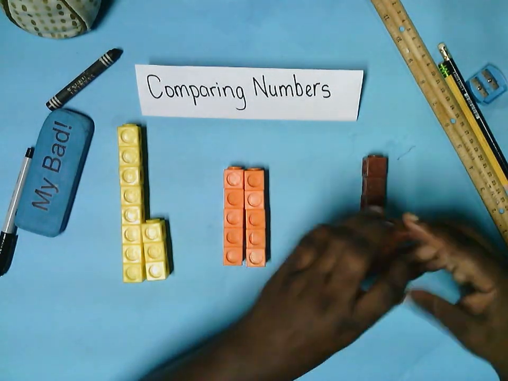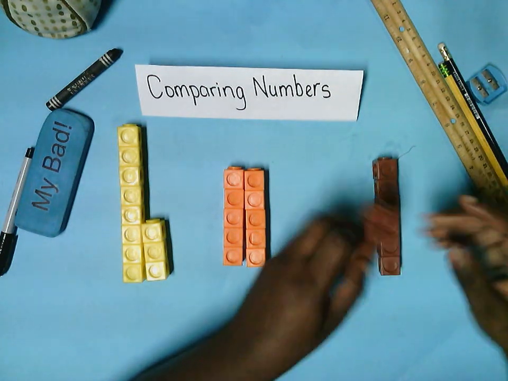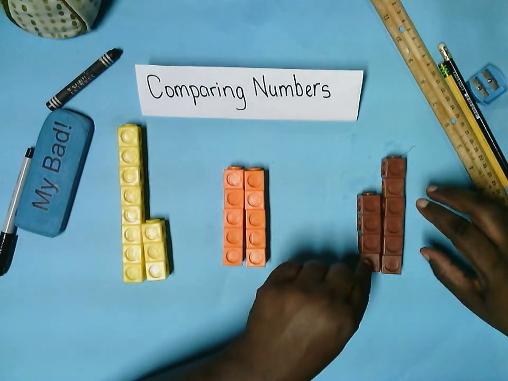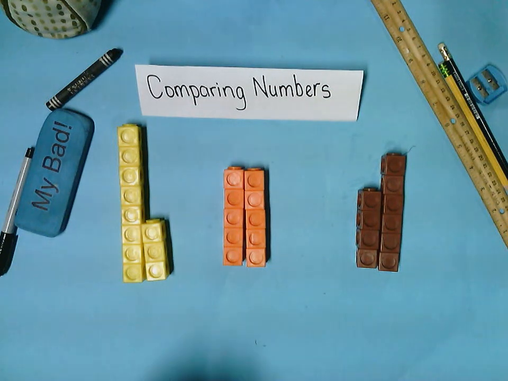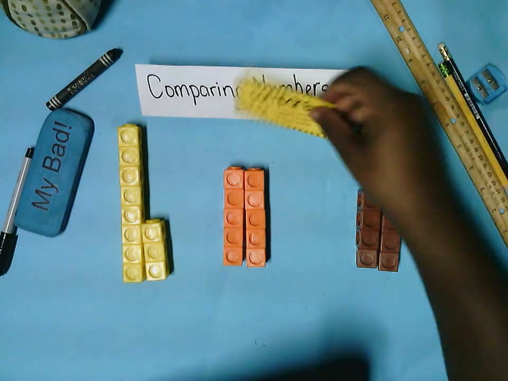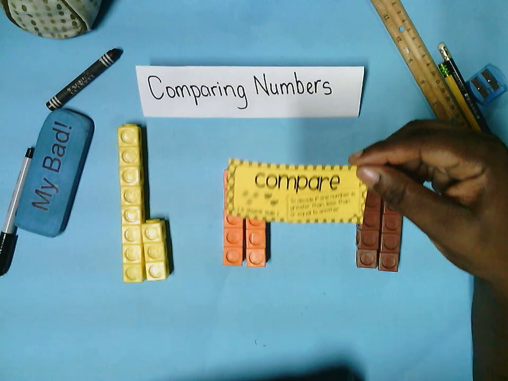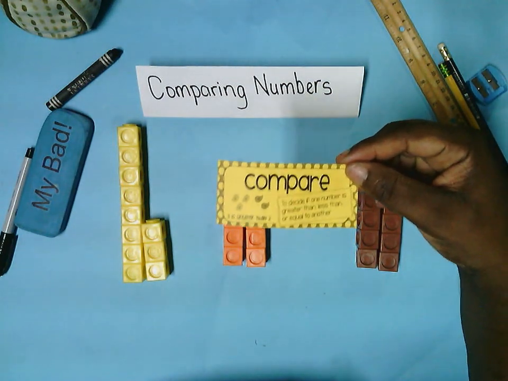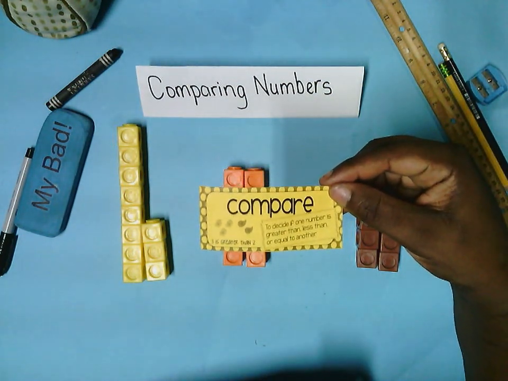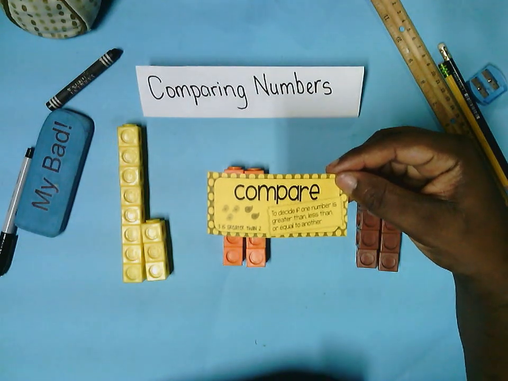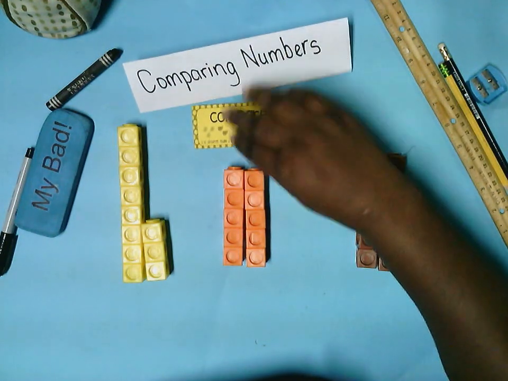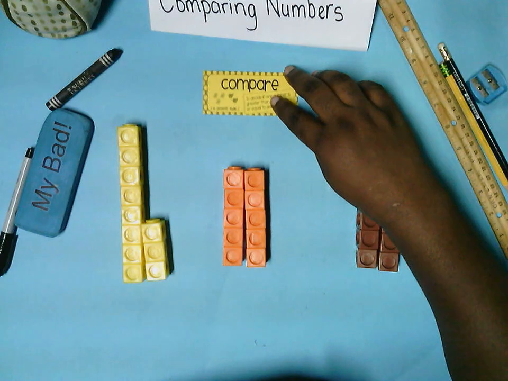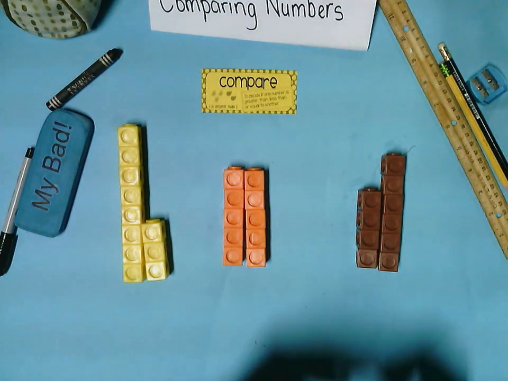I can say that 4 is less than 6. So I would have compared. And when we compare, it means to decide if one number is greater than, less than, or equal to another. That's when we compare.